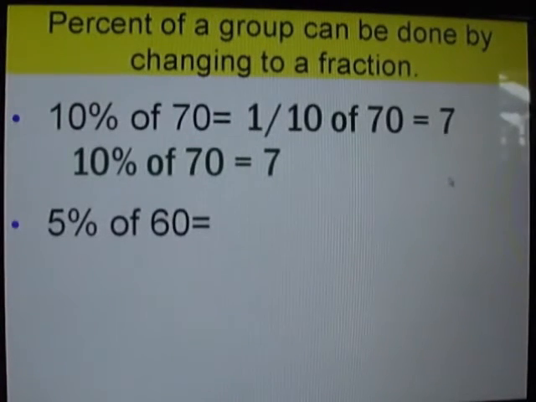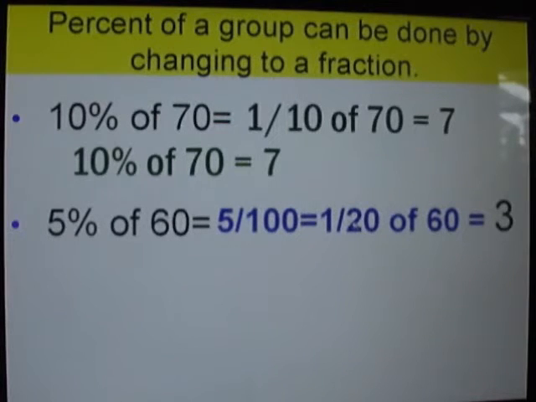Okay, how would we do this one? Well, pretty much the same way, but we've got to be able to represent this as a fraction. Well, we know percents are hundredths, so 5% is 5 hundredths. So once we know that, we can just simply follow along with our knowledge of fractions, and we can simplify it. You know, both of these are divisible by 5.